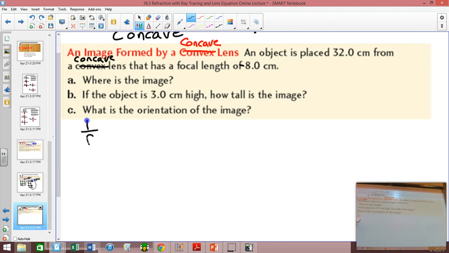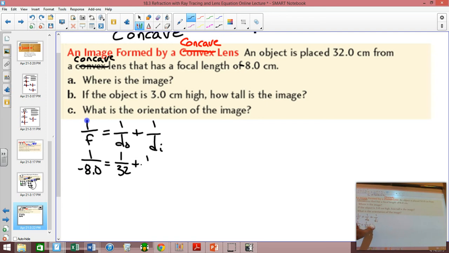So 1 over the focal length, the focal length now becomes -8. Distance to my object stays again 32. So it's -4 over 32 minus 1 over 32, and that's -5 over 32 equals 1 over di.